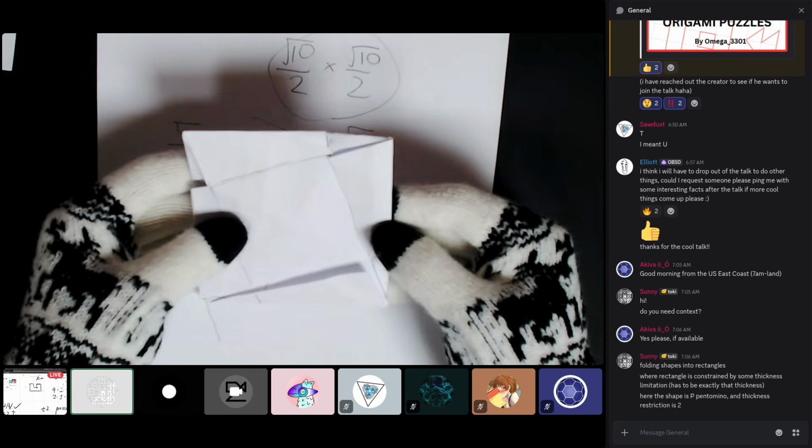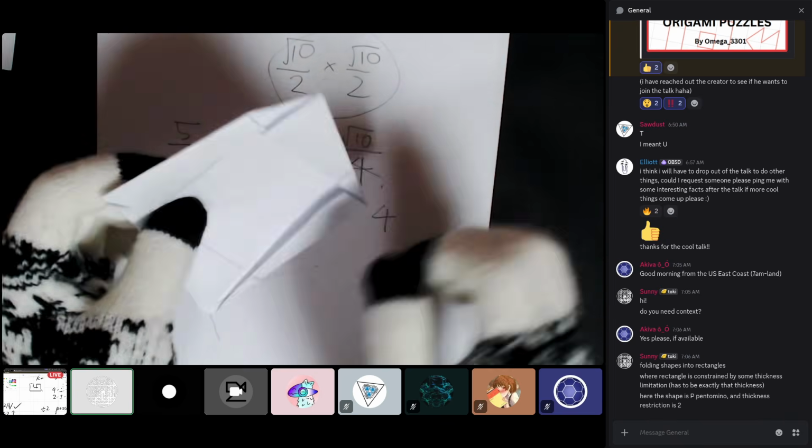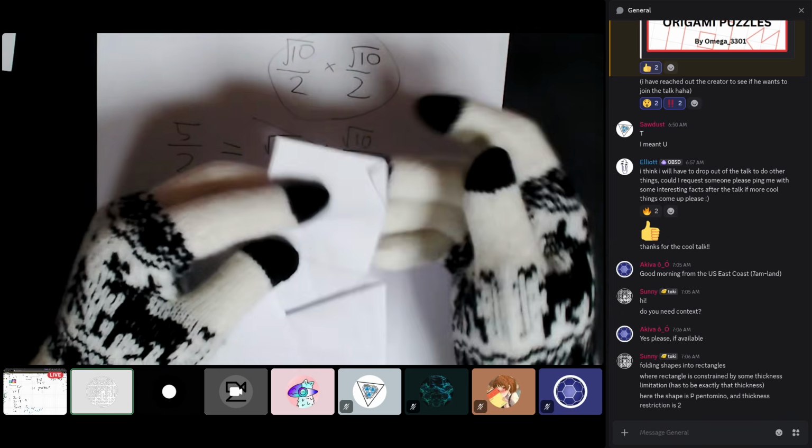All right, so let me draw the solution. I'll have to blow up this shape, otherwise it's not going to work.